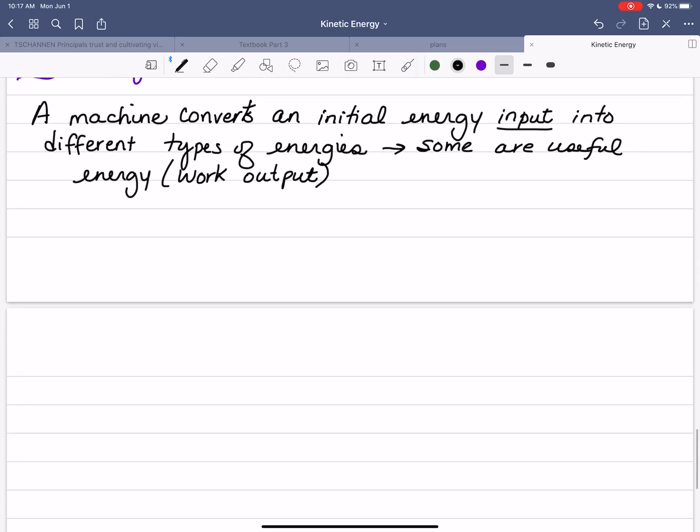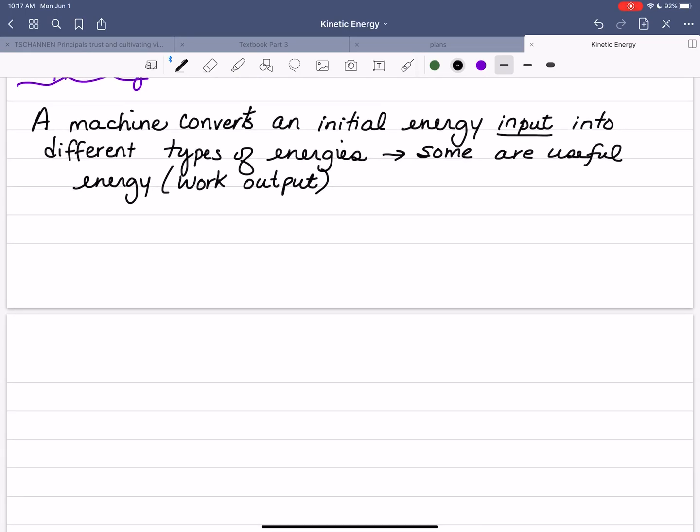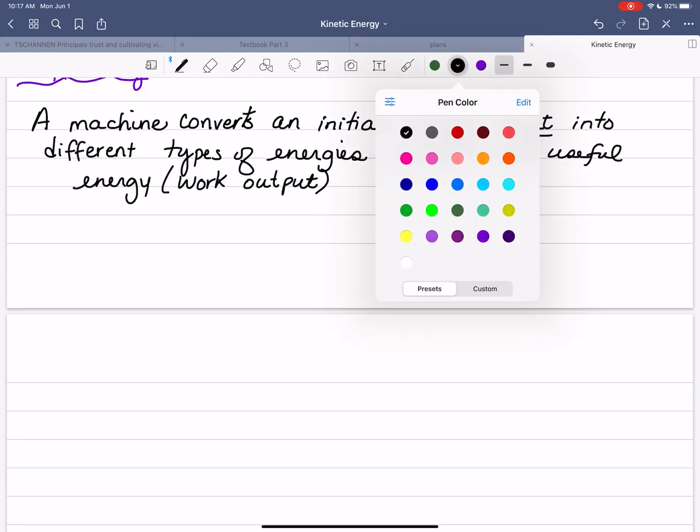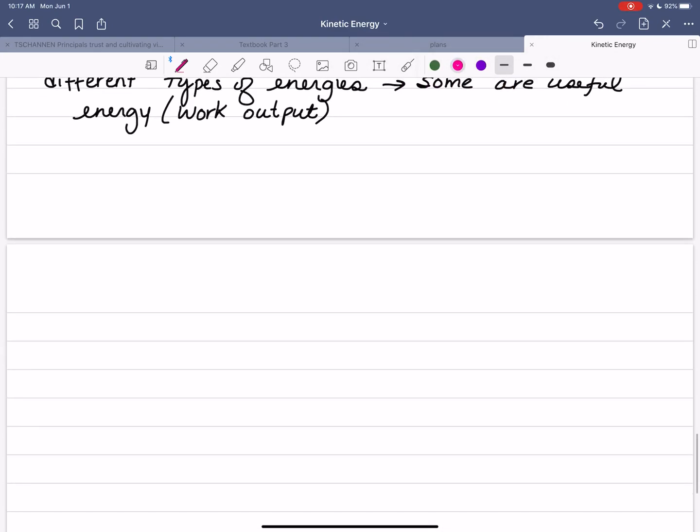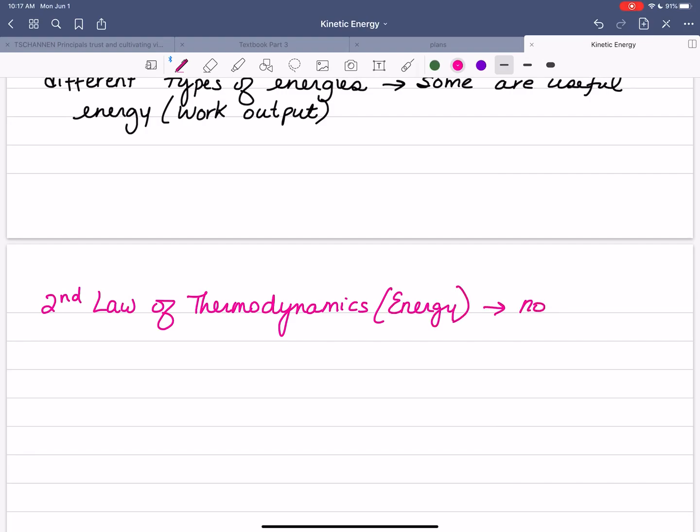The second law of energy says to us that no energy conversion or transfer is 100% efficient.